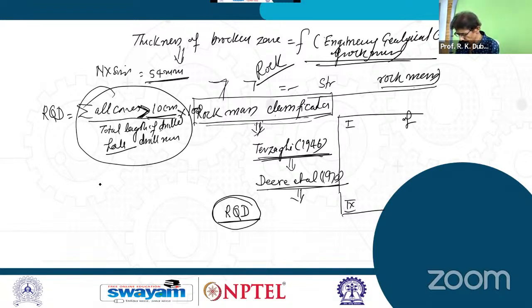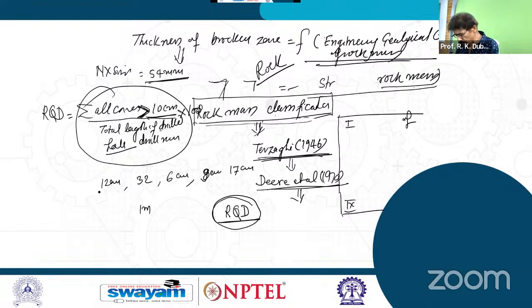Suppose, for example, in a coring operation, the core drillers have obtained cores of 12 centimeter, 32 centimeter, 6 centimeter, 9 centimeter, 17 centimeter, etc. in a drill run of, suppose, 1 meter.